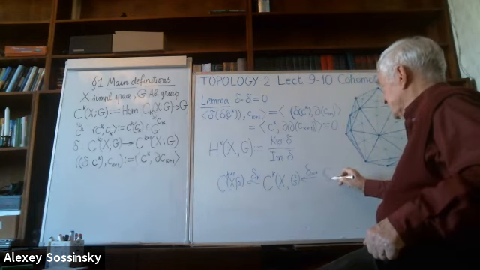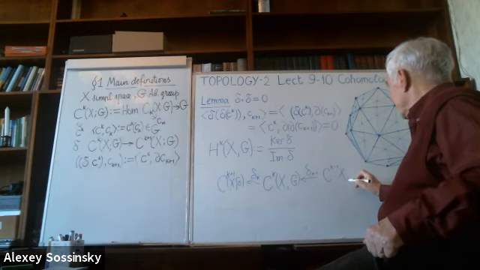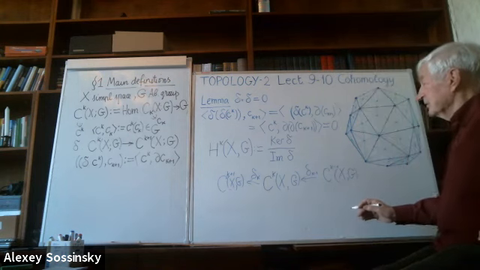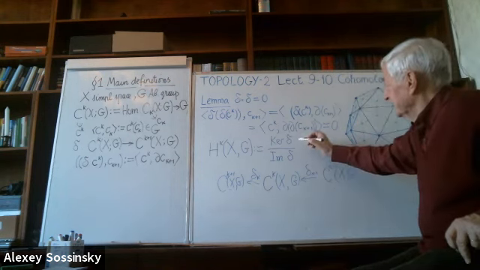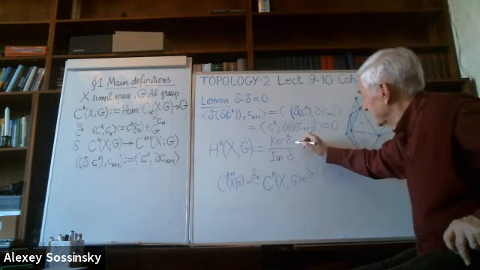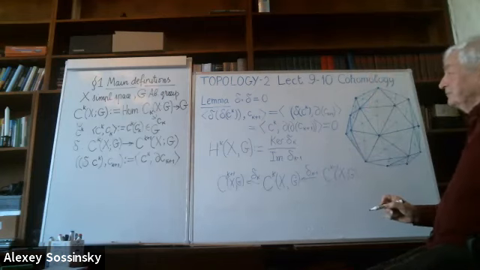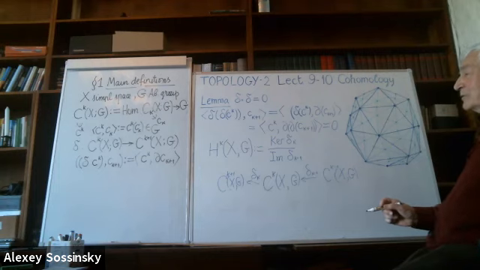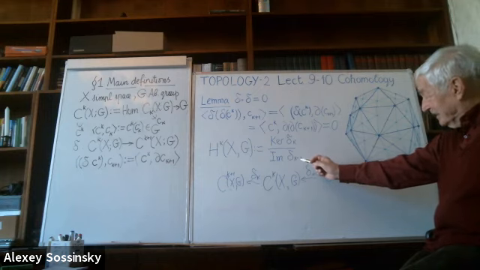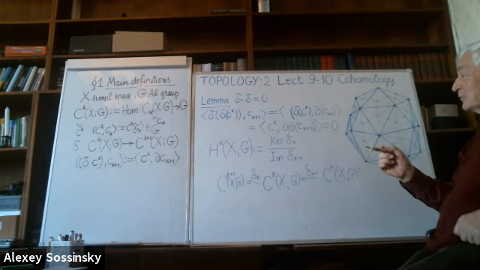And here we have C^(K-1)(X,G). And so the correct indices are the kernel of dK by the image of d(K-1). If you remember, for the definition of the homology group, here you would have a delta K plus 1. Here the sign is minus because the arrows all go the other way.